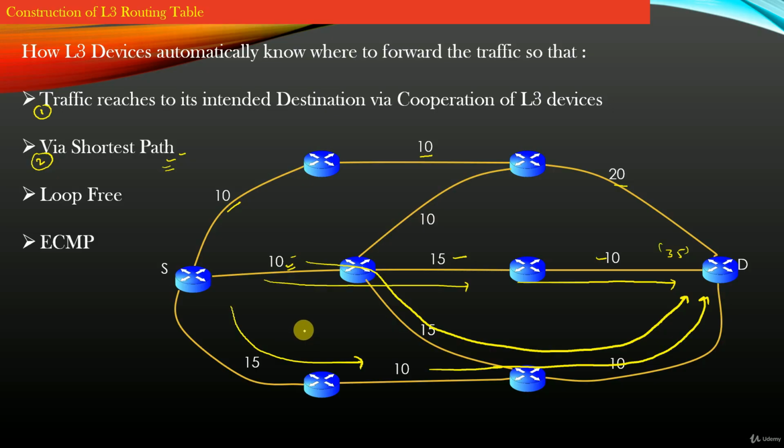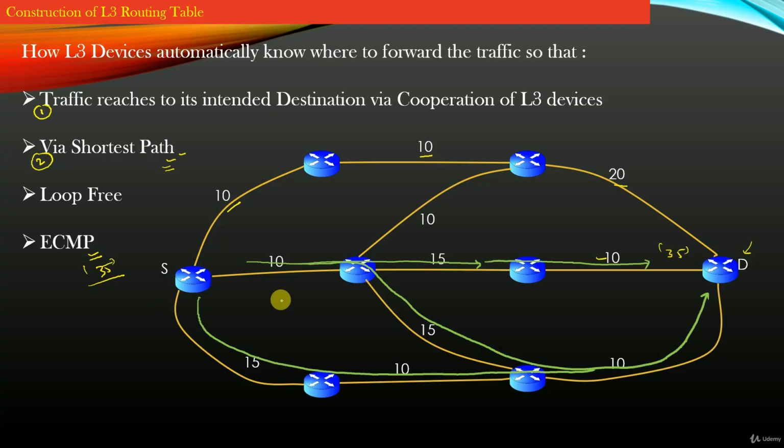So if you notice, from the source router S, the destination D is reachable via 3 paths, and these 3 paths are ECMP paths, that is equal cost multiple paths. All these 3 paths have the cost of 35 to reach from the source to the destination. And hence, if the source router S sends traffic to the router D, then that particular traffic stream will be equally divided along all these 3 paths.